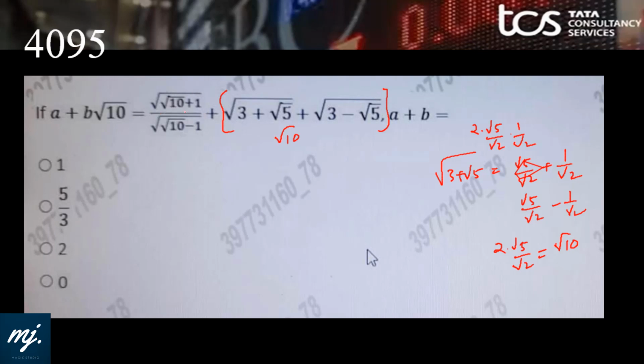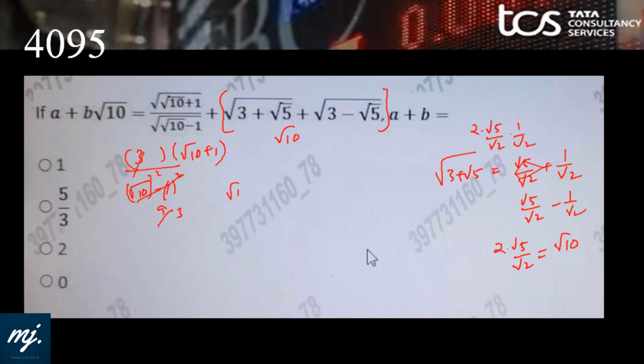Now, coming back to this, if I multiply numerator and denominator by the conjugate, then I'll get under the root a plus b into a minus b, that would be a square minus b square. 10 minus 1 would be 9, that would be root 9, that is 3, and 3 by root 10 minus 1. Now again, if I multiply this by root 10 plus 1, this will become a square minus b square, that is 9.